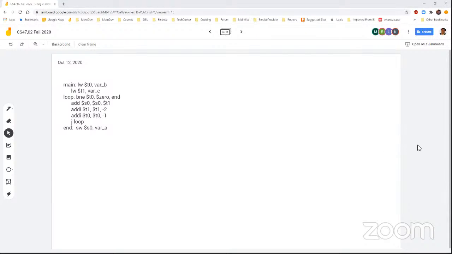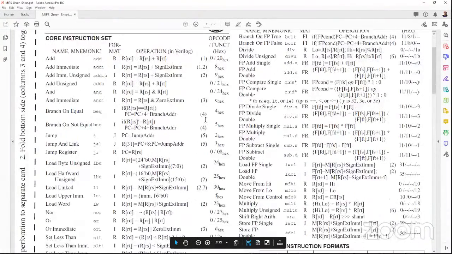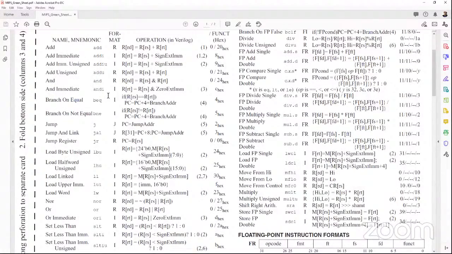Okay, all right. So this is the I type instruction, right? First of all, we need to look into the MIPS datasheet for this BNE. BNE is branch if not equal, I type.